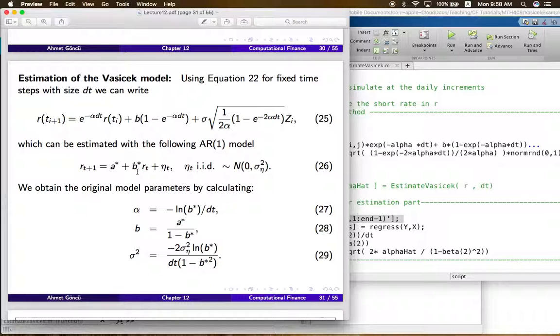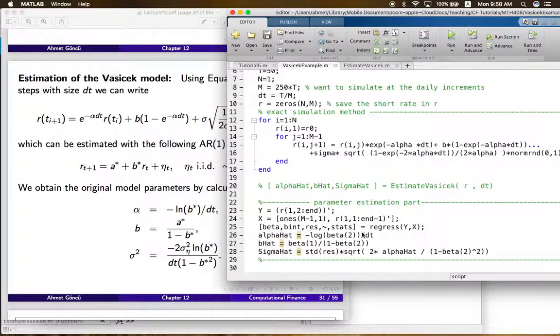So this is a regression problem, and the only thing you need to do, once you estimate this regression in terms of A star and B star, is go back to the original parameters of the model, alpha, b, and sigma. We can do that by solving this system of equations.